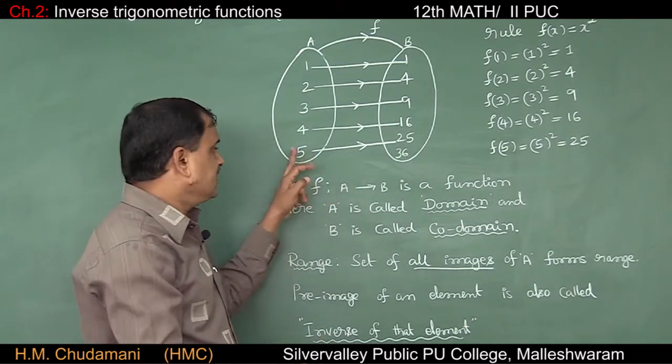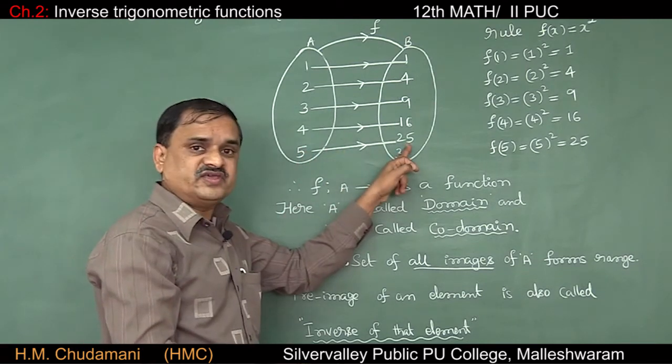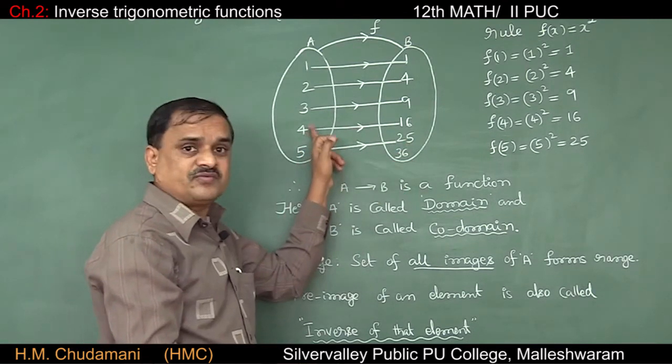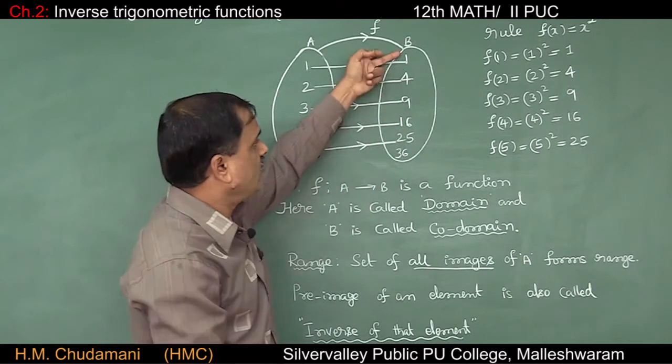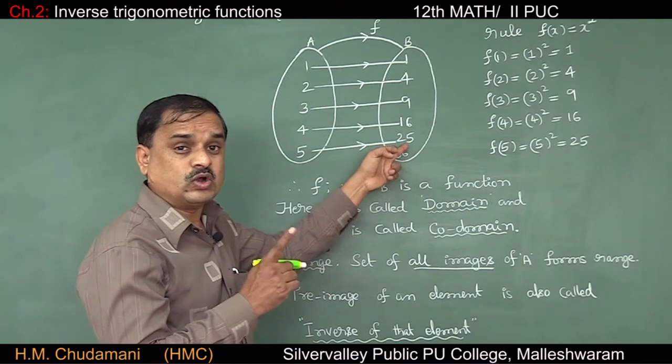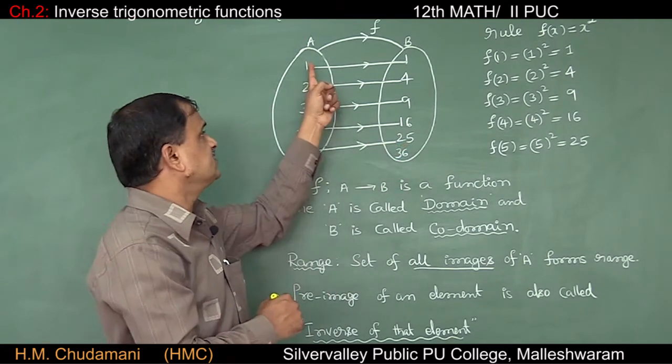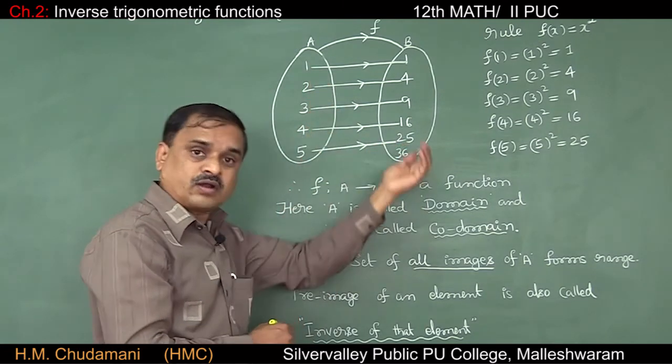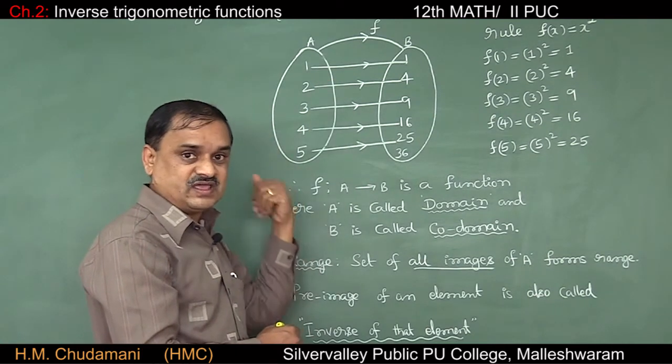That is nothing but the image of 5 is 25, the image of 4 is 16. 1, 4, 9, 16, 25 are called images, whereas 1, 2, 3, 4, 5 are called pre-images.